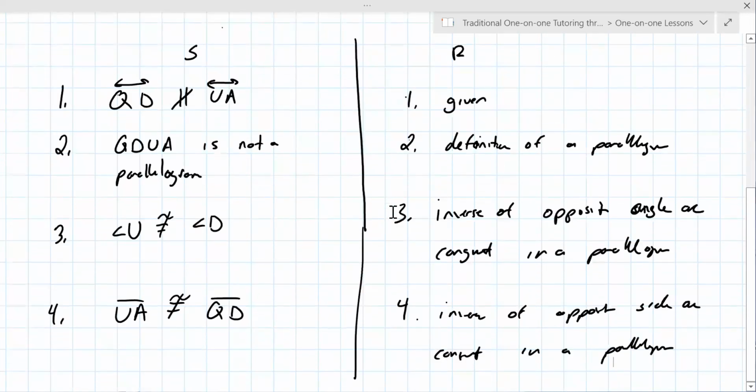Again, so it's actually maybe the same. We can use the same reason with a different set of statements there. We can say that QU is not congruent to AD.